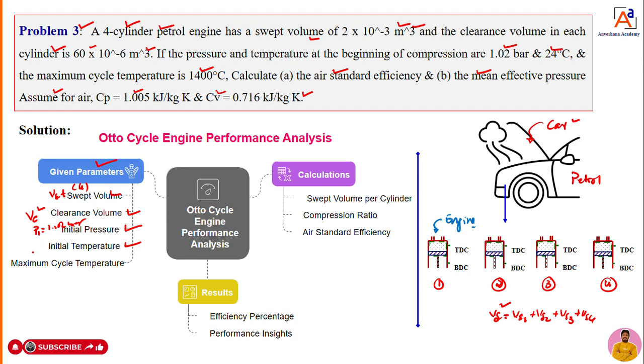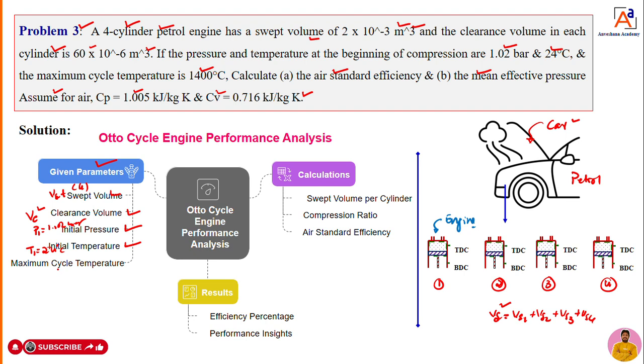Then the initial temperature I will mark as T1, given as 24 degrees Celsius, which you can convert into Kelvin by adding 273. Next, read the problem: he has given the maximum cycle temperature as 1400 degrees Celsius.